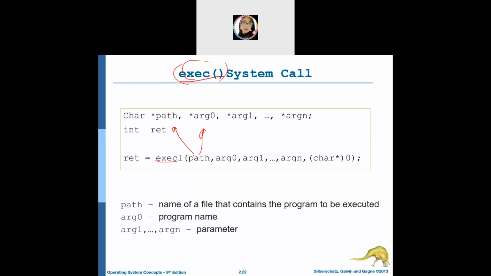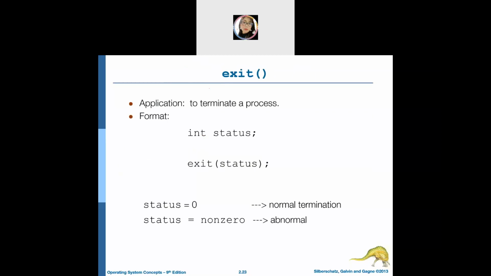If you want to terminate a process, you're going to use exit. So normally there are two values, which are 0 and non-zero. If your status is 0, you put 0, it is a normal termination.